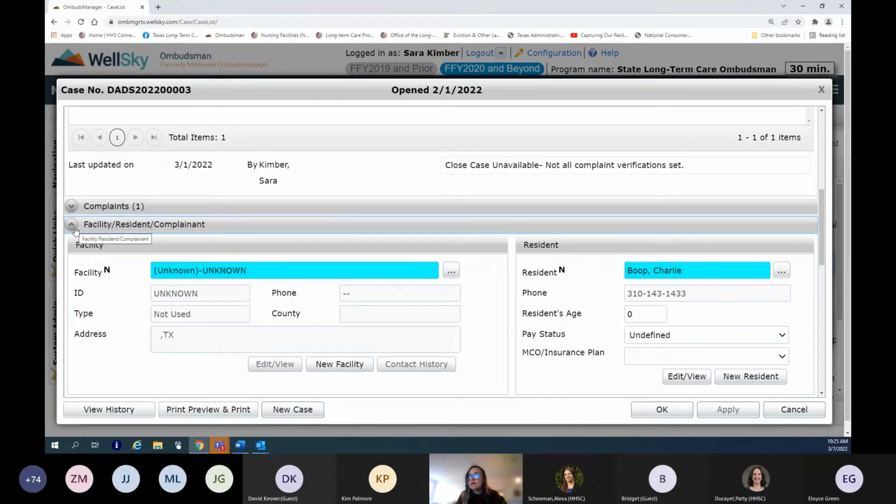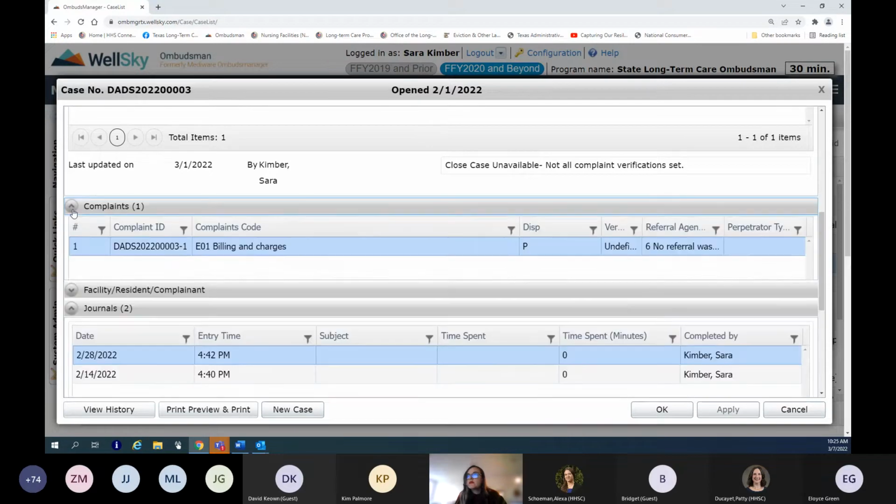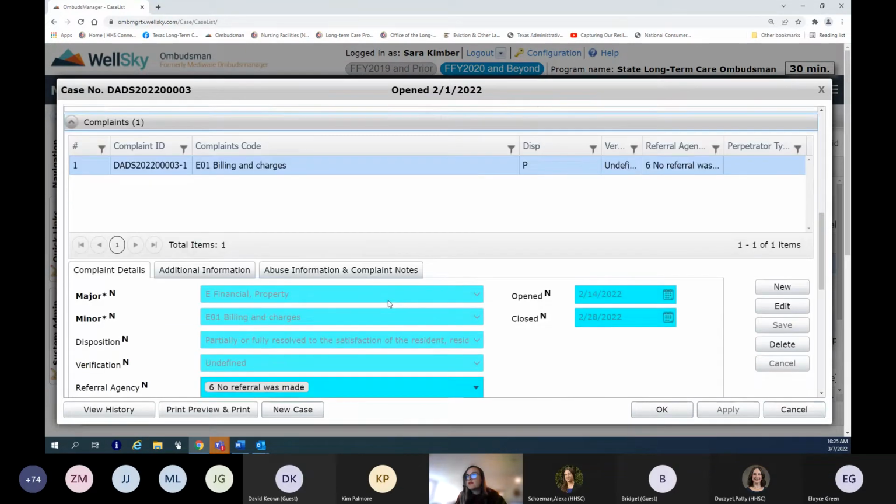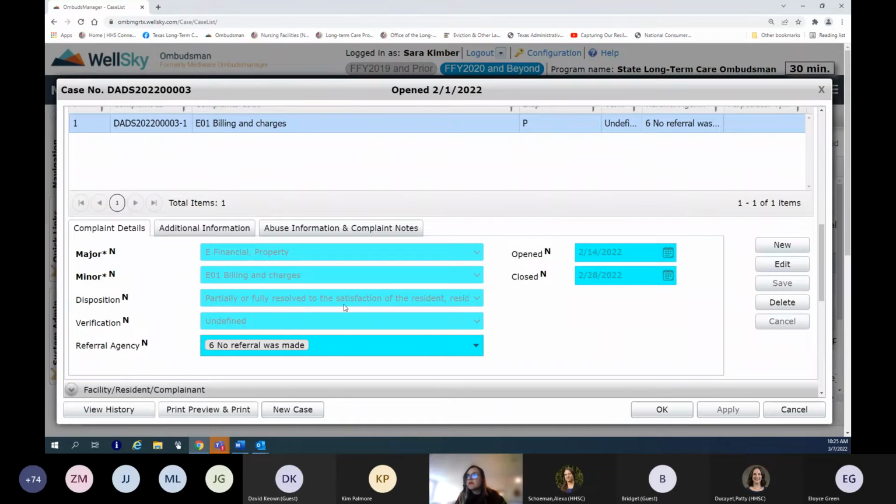We don't even know where Mr. Booth is. And how did we really resolve this, partially or fully, when we can't verify that with journal entries? So Alexis is everything. Perfect. Details regarding the ombudsman's actions. Exactly. We need to know what actions were taken.